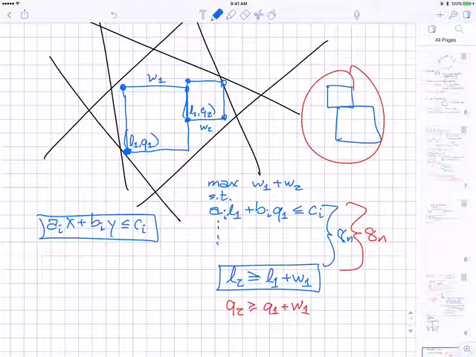Some partial credit if you don't include any non-existent constraints. And then just one for is your objective function the right one? Are you doing max and min the right way? I guess that's really all the three of them there are.